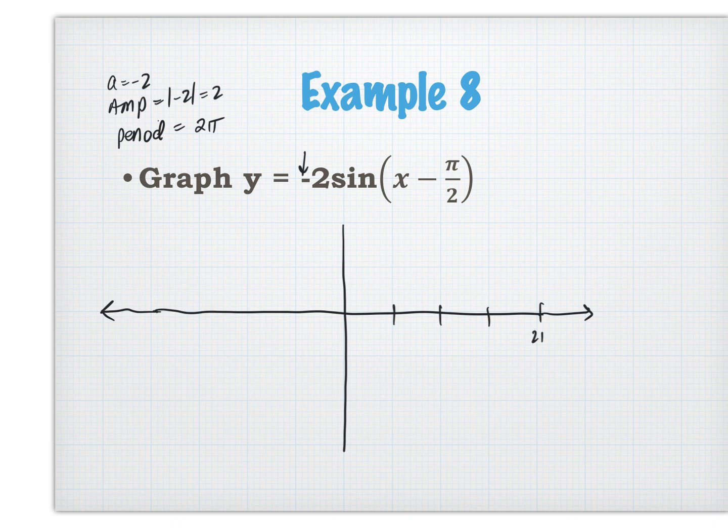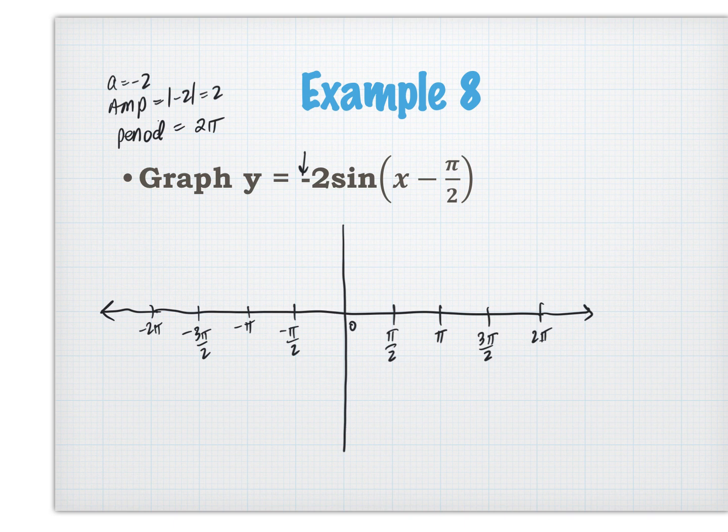So I know if this is 2 pi and this is 0, this is 1 pi over 2, this is 2 pi over 2 or pi, this is 3 pi over 2, and 2 pi is the same as 4 pi over 2. So I know everything is broken up in these units, and the same thing goes for the other side. So negative pi, I have negative 3 pi over 2, and I have negative 2 pi.